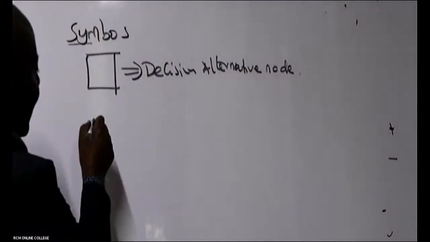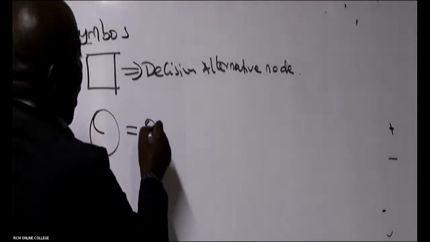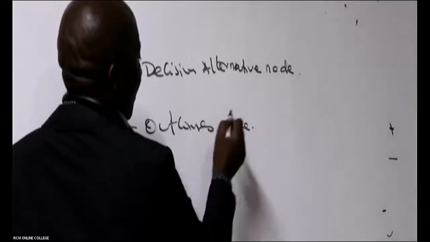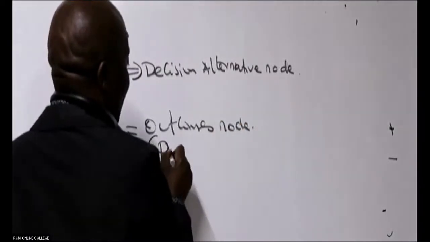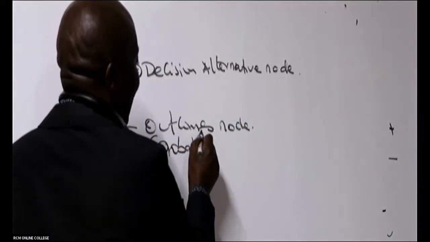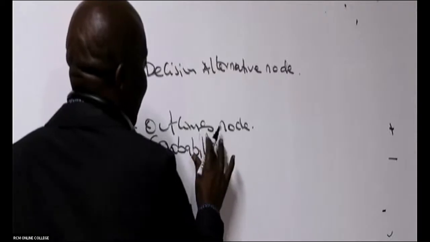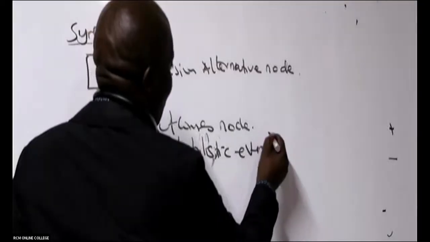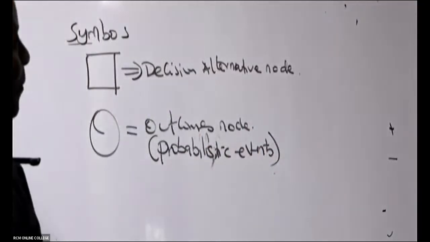And then we have a circle, the outcomes node for probabilistic events.